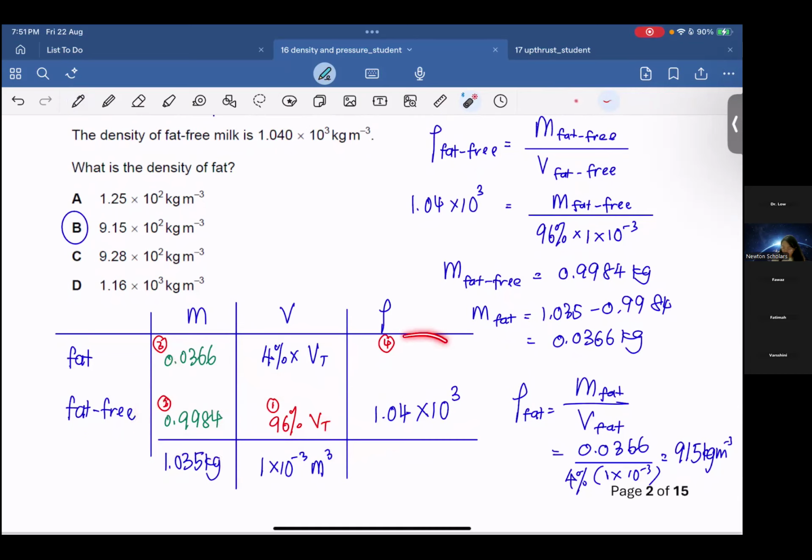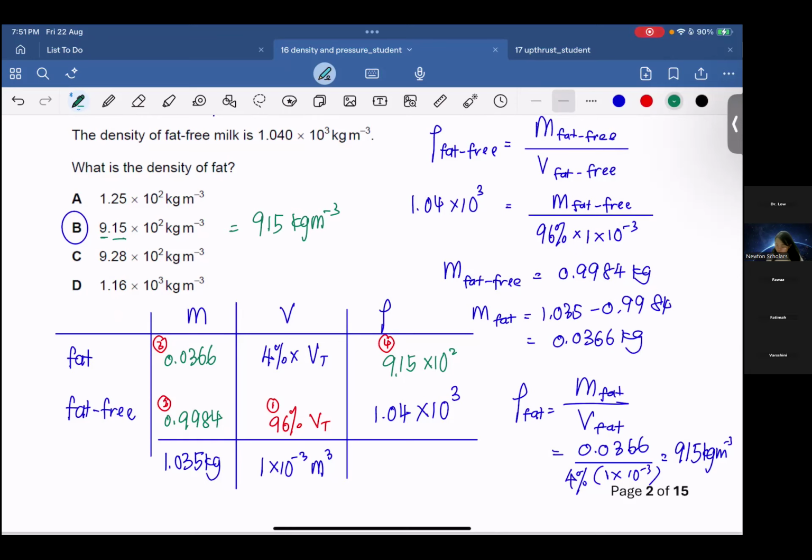And then from here, we can find out the density. So the density here is 915. Oh, okay, it changed to standard form, so it's 9.15 times 10 power of 2. So basically it's 915 kg per meter cube. Okay, if you use 4% of the mass, will you get the 0.0366 total mass?